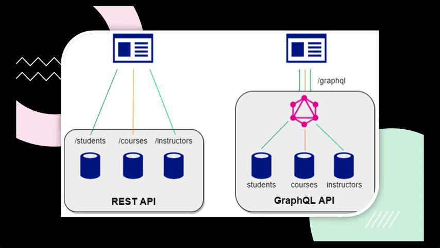In the REST API case, imagine that the user is a student, and we have the route students. Every time I need to access the students, I need to use one of the HTTP methods.